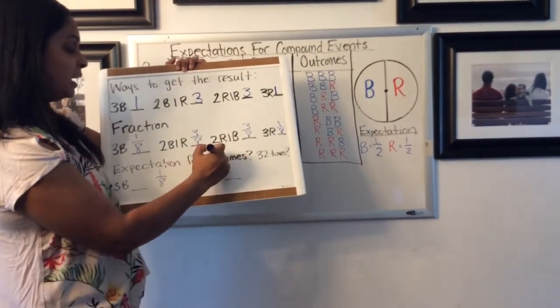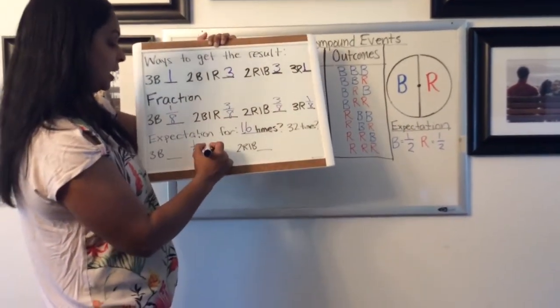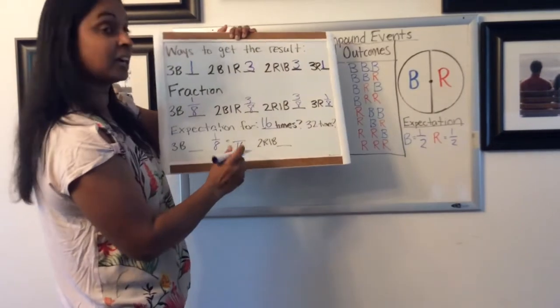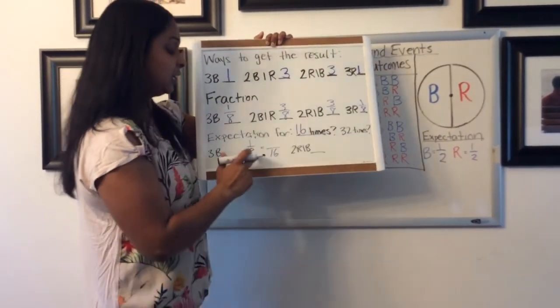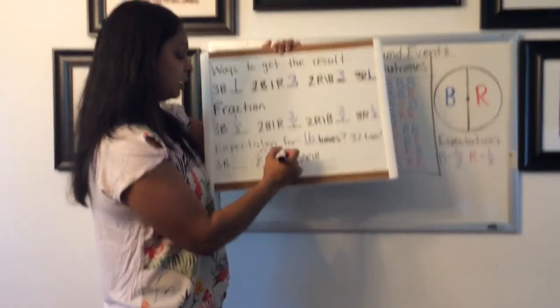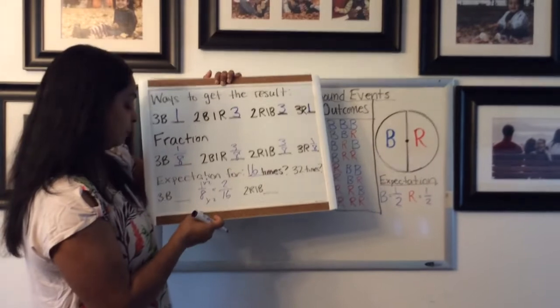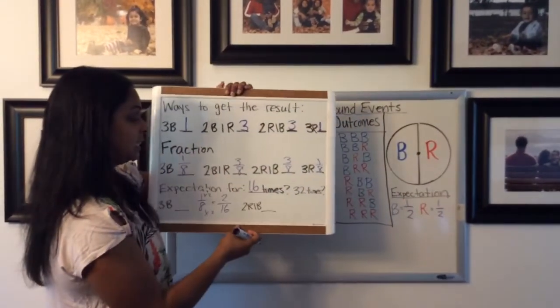If we wanted to say maybe 16 times, then we would take that 1/8 and make it into an equivalent fraction with 16 on the bottom. So we did this before for expectations, changing that denominator, which means we'd be multiplying, and 2/16 of the time we'd land on 3 blues. That's if we play it 16 times.